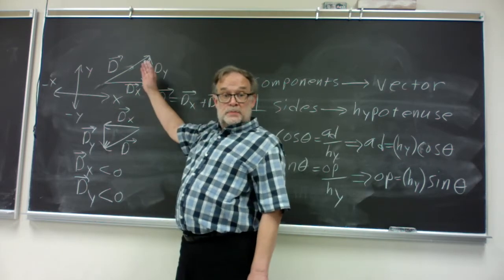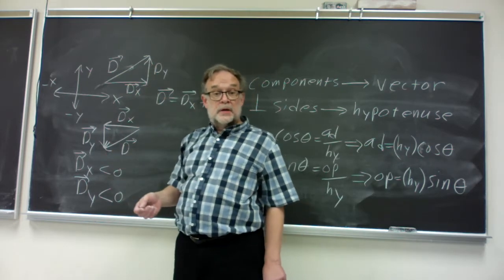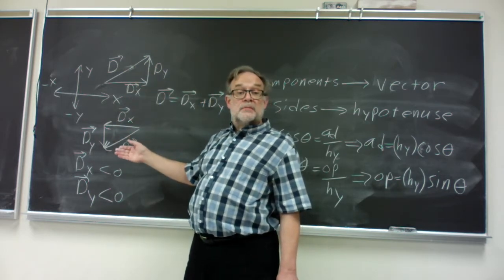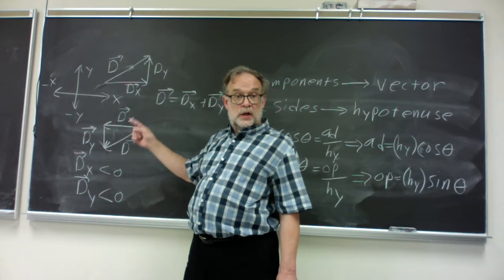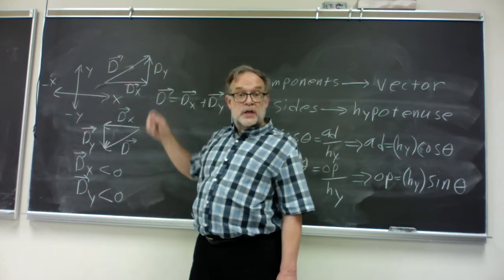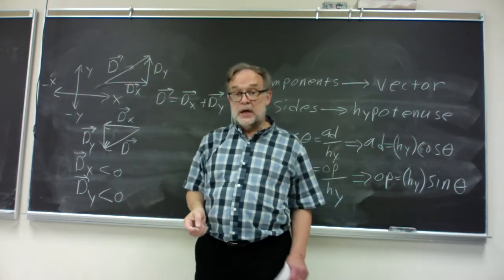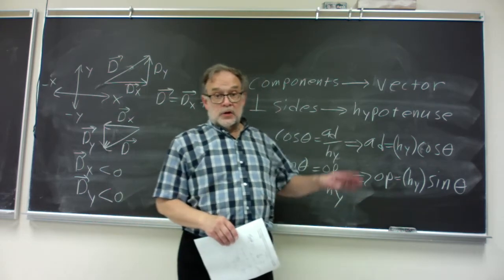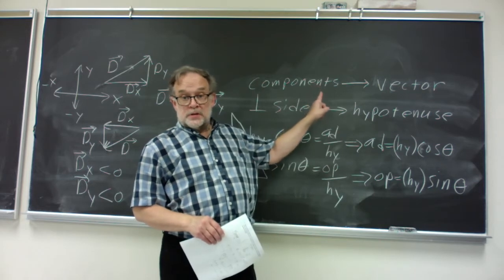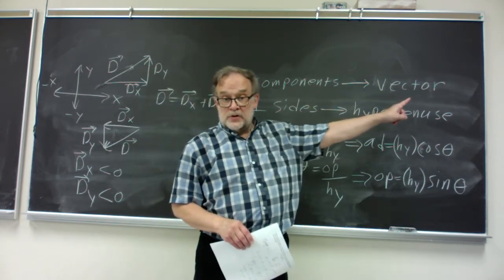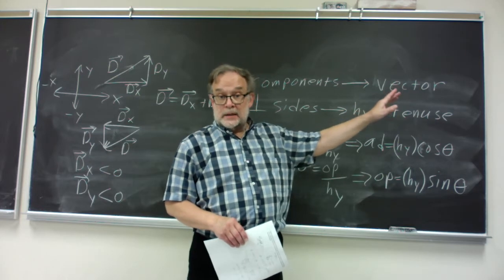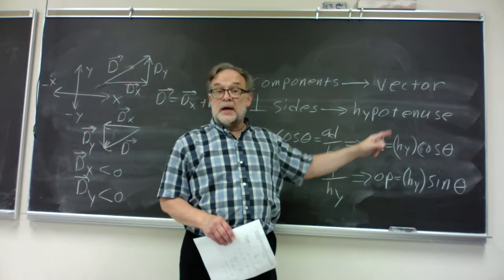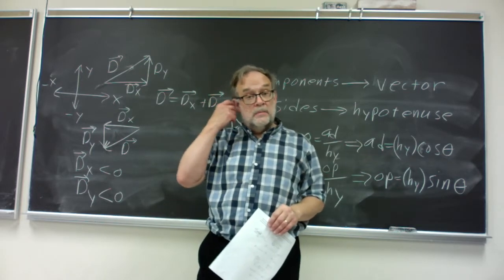Now, look at this picture and we see something. In both pictures, the vector itself is represented by the hypotenuse of a right triangle, and the two components are represented by the two perpendicular sides in that right triangle. And there's an idea that you should keep in mind. The relationship between components and the vector itself is exactly the same as the relationship between the perpendicular sides and the hypotenuse in a right triangle.